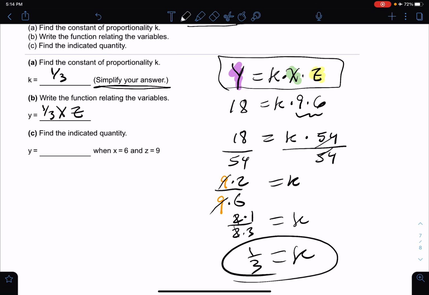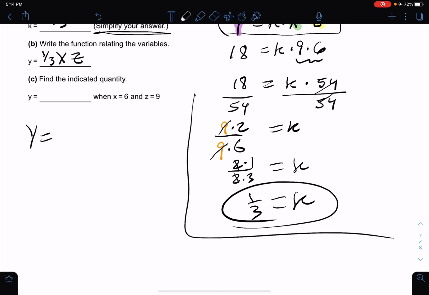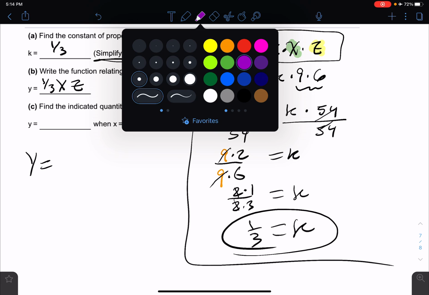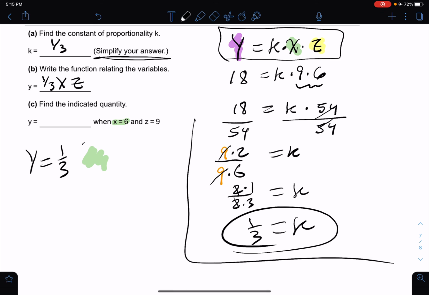Now let's go in for the final part, and that would be, what is y when x is green? What's the formula? Y equals 1/3 times x times z. And z goes there.